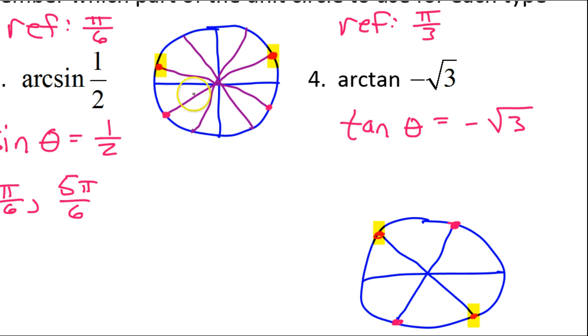Okay, so what are these things, you ask? Well, counting from here, this is 1, 2 pi over 3. Three, 4, 5 pi over 3. So there you go.